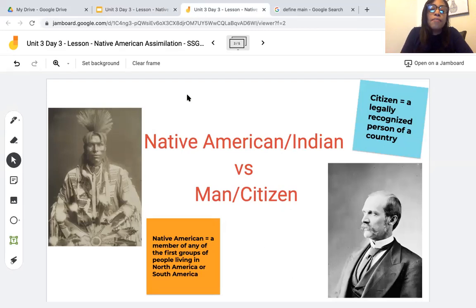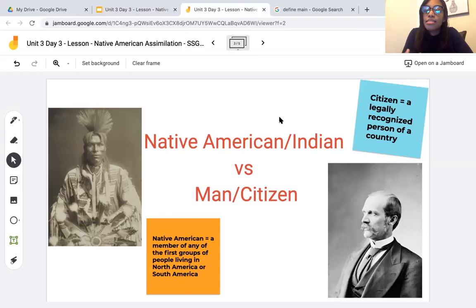And so really driving home these concepts and what it means to be a Native American. Well, which person do you think is a Native American here? Okay, why? The garment, the feathers, the hair. These are indicators of a Native American. And then what does it mean to be a citizen? And really driving home those definitions.